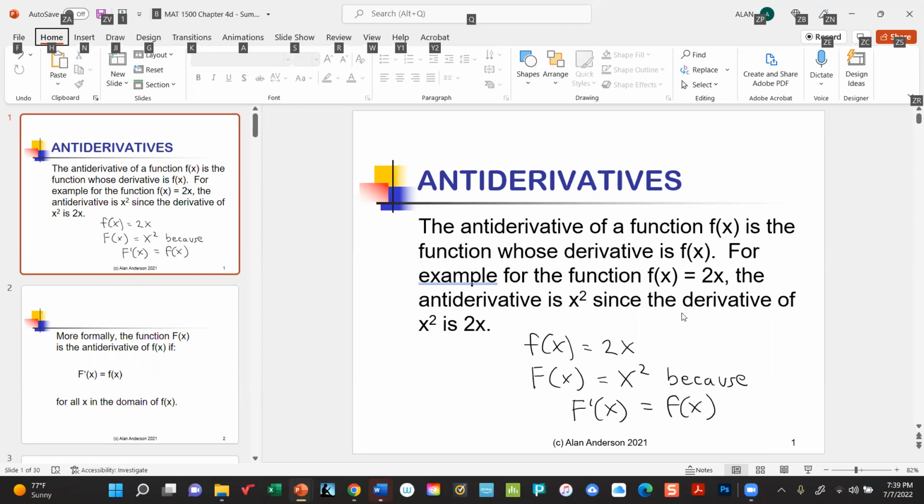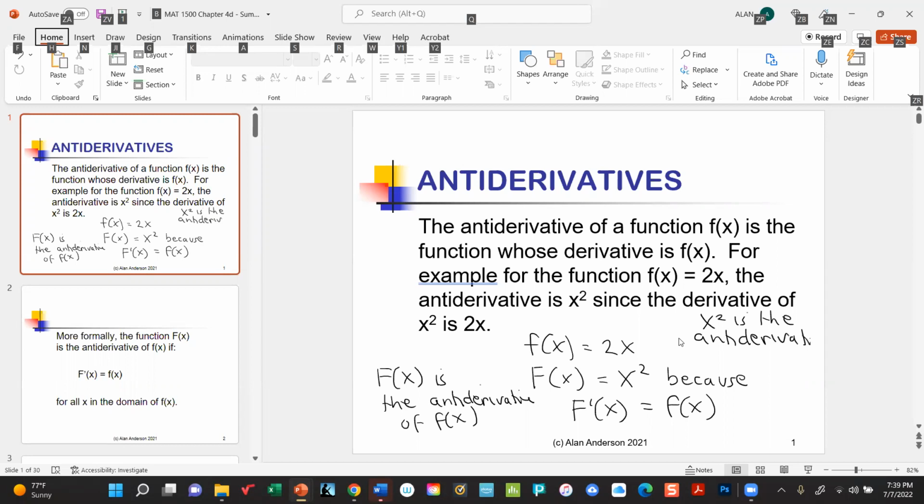And so therefore capital F is the antiderivative of f of x. Or in this case, we can say that x squared is the antiderivative of 2x.